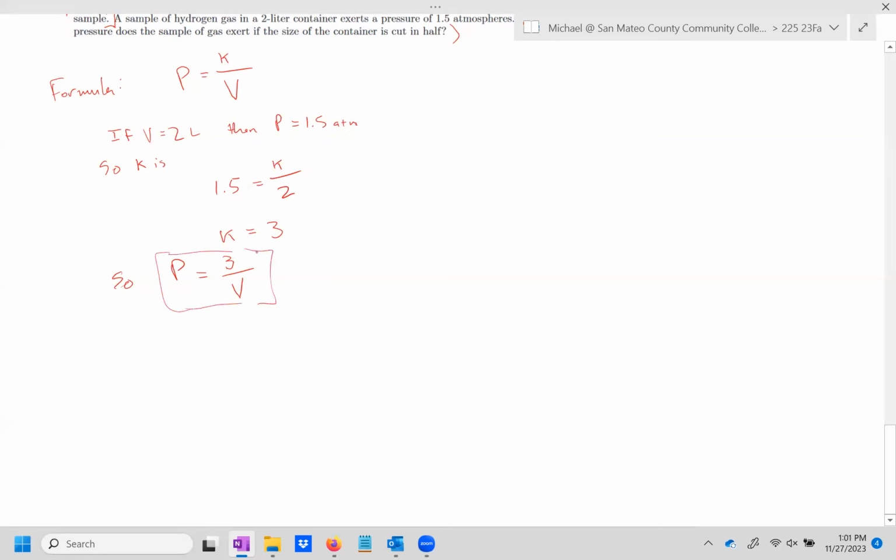This is our little formula, our relationship. The question is, what if volume is cut in half? What happens to the pressure, okay?